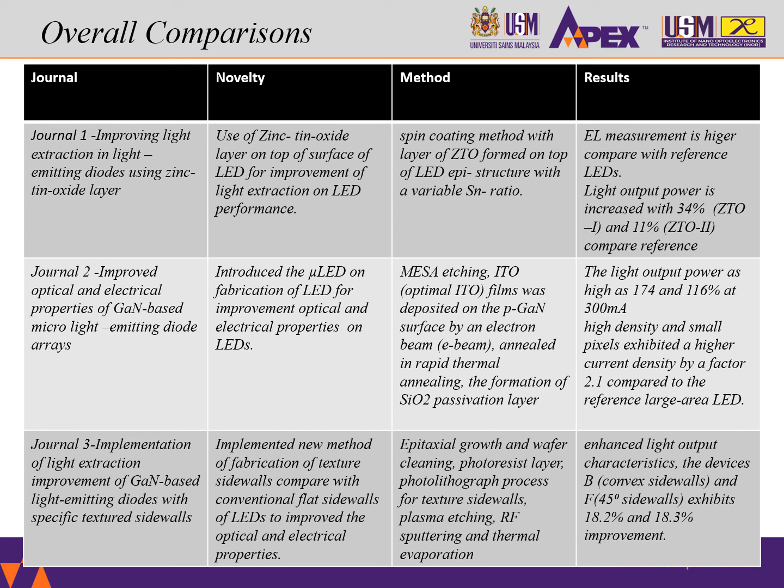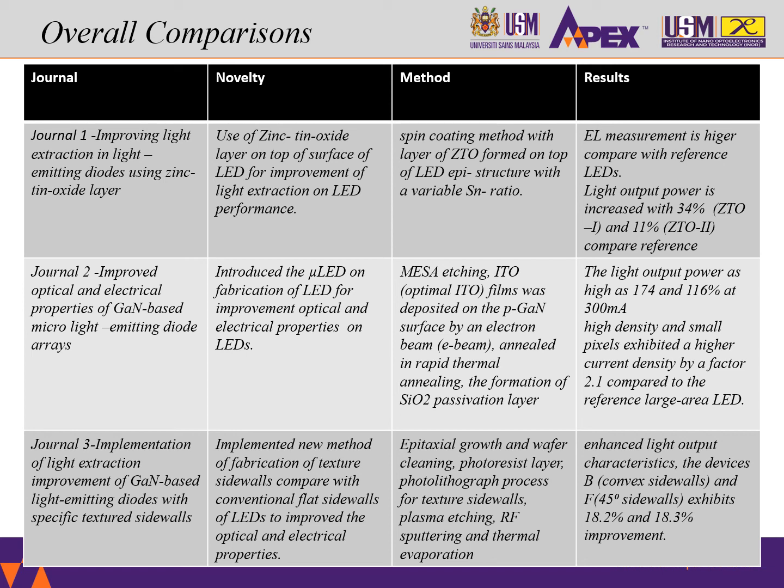The second journal introduces a new method in the LED process, a micro LED fabrication, to improve the optical and electrical properties of the LED. The method used in this journal is mesa etching, performing the ITO deposition on top of the P-GaN surface using electron beam and rapid thermal annealing, and also the silicon dioxide passivation layer.